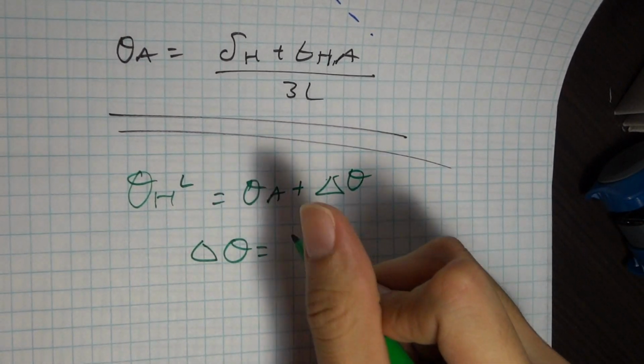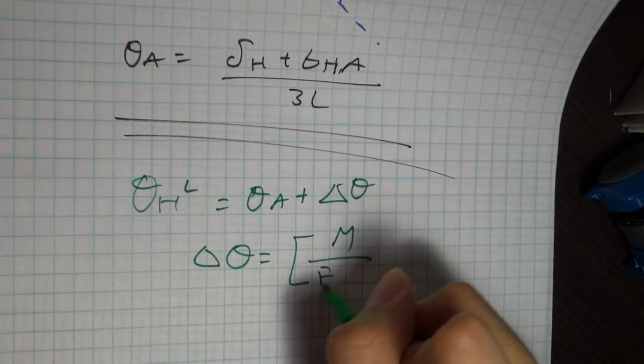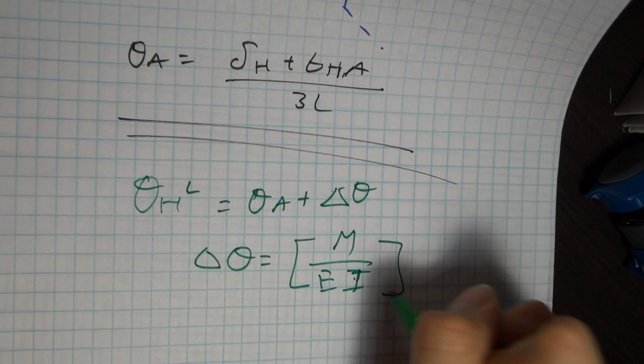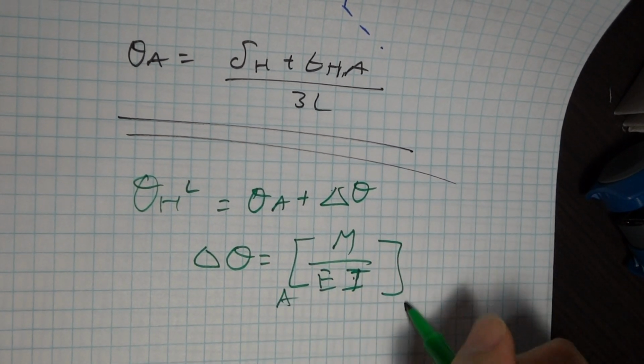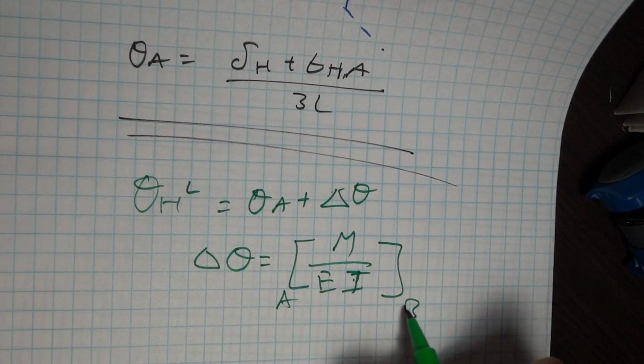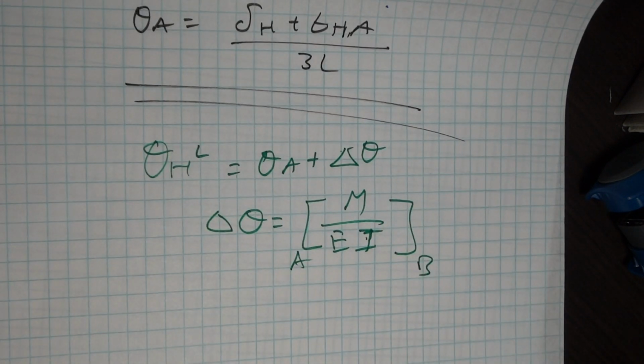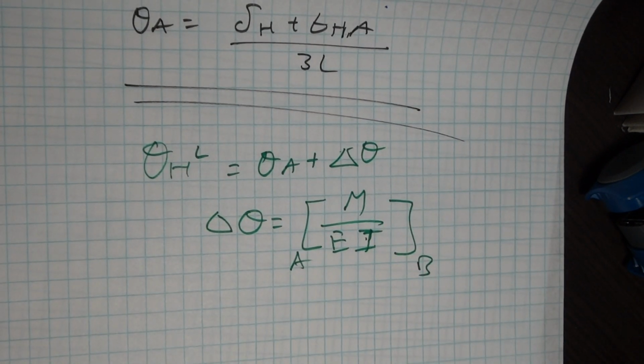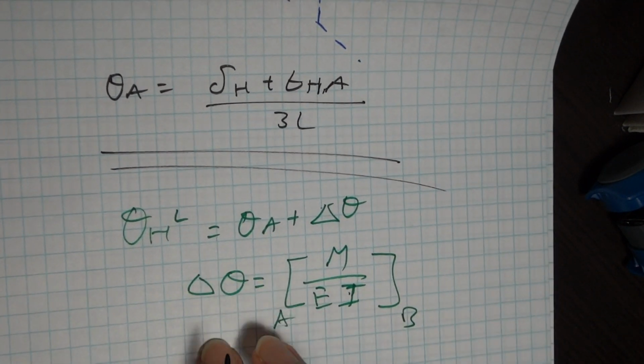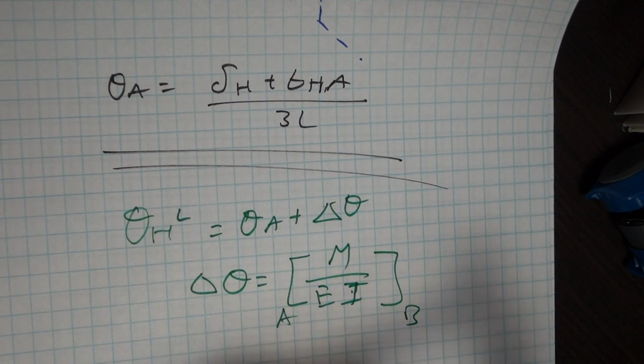Recall that delta theta is equal to the integral, the area underneath my moment equation from A to B divided by EI. With these two, I can get theta at the hinge. That is the second part.